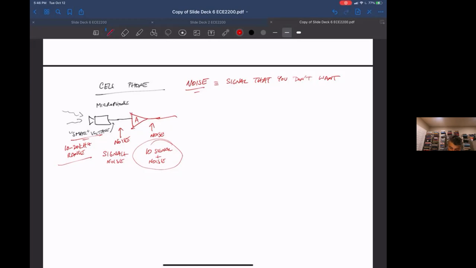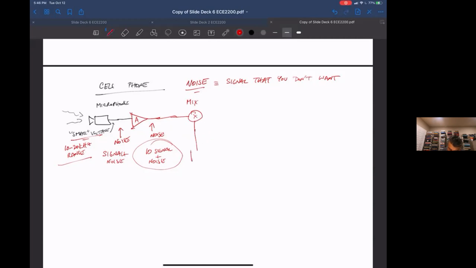So one of the first things you do after you've amplified your audio is you mix it. There's this process called mixing with a 1 to 2 gigahertz oscillator, a 1 to 2 gigahertz reference value.